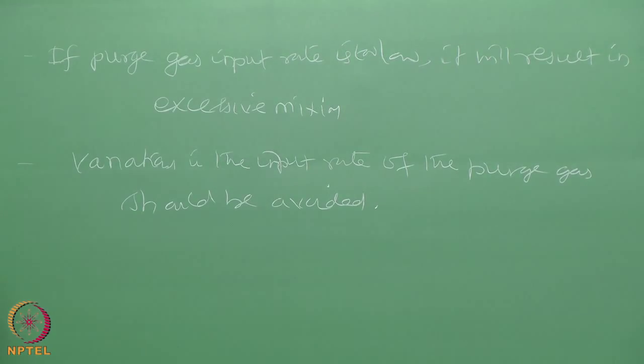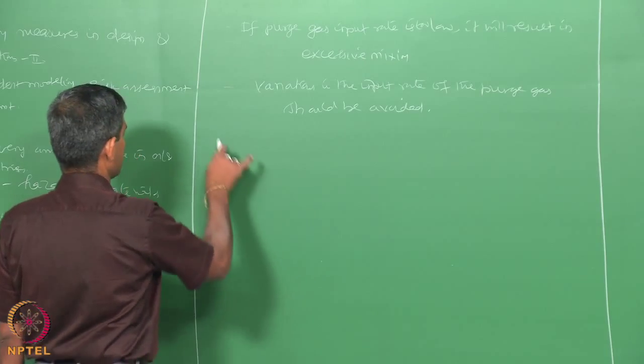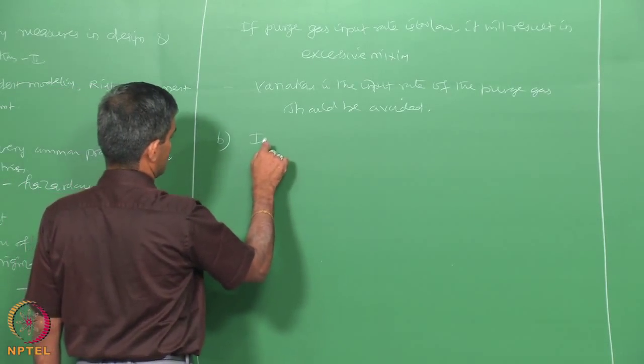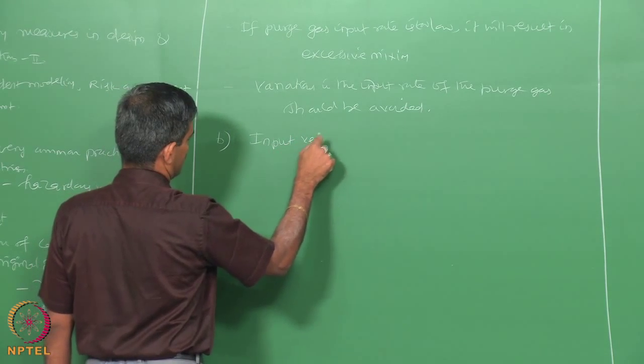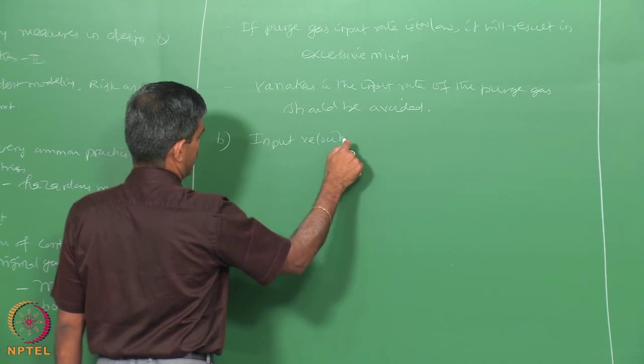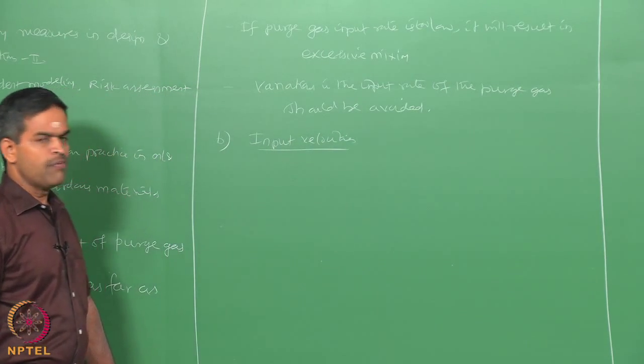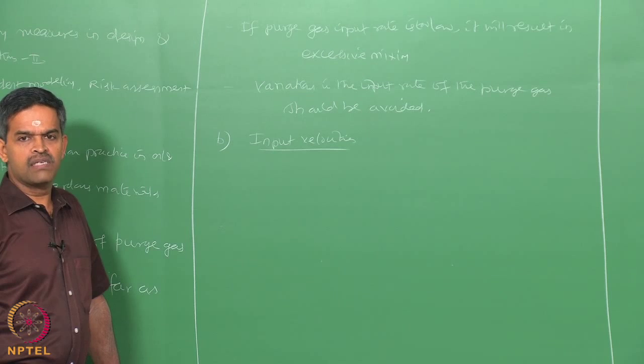The other factor which is also important in efficient and safe purging operation is input velocity. The velocity of purge gas at the entrance plays a very vital role.